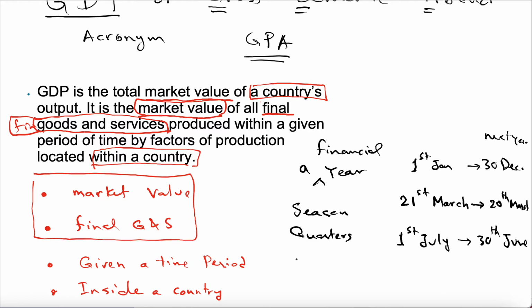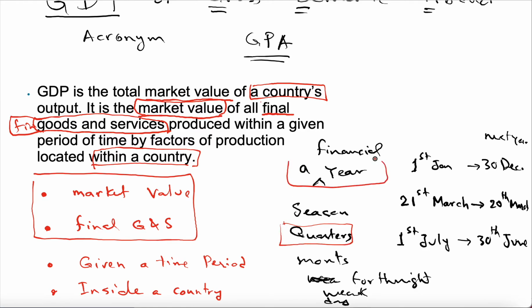Okay, quarters. Or months. Or weeks. Or before weeks is fortnights, 2 weeks. And then weeks and days. Are we measuring the aggregate output in 1 day? No, usually it's basically either the quarter or the year.